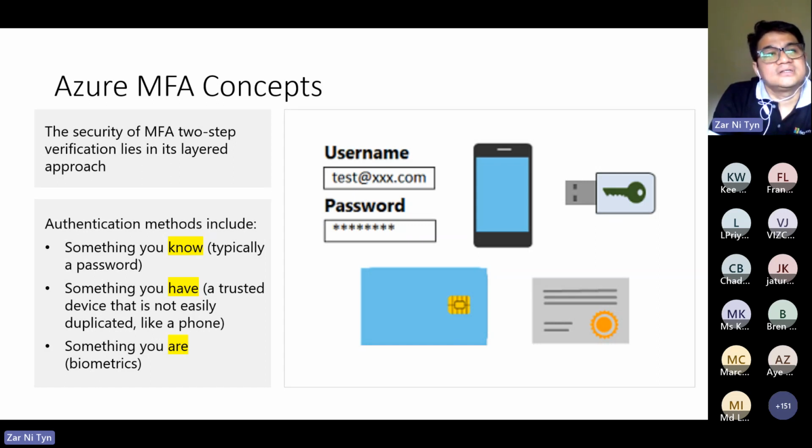MFA is a double check, two-step verification. This is very important. And something you are means biometrics, either fingerprint or facial. This is very easy, and MFA is very important.